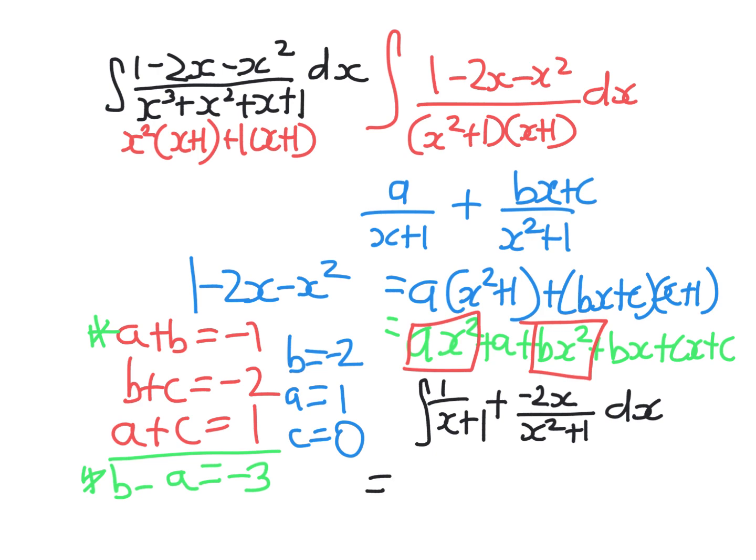The integral of 1 over x + 1 is just natural log of x + 1. Now, when I want to integrate this, note the derivative of the bottom is 2x. So this is just going to be negative log of x² + 1, and because it's an indefinite integral, I need to add the constant.